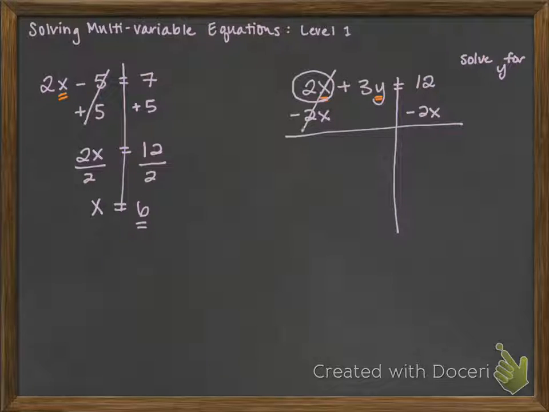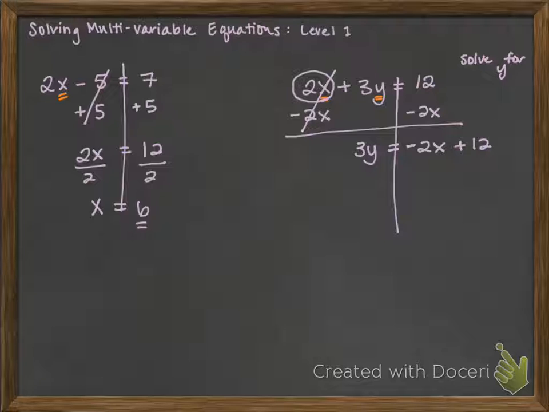So this cancels out on the left side. I still have a 3y, and that equals negative 2x plus 12. I cannot actually combine those two terms because they're not like terms. So I do have to keep those as separate terms.